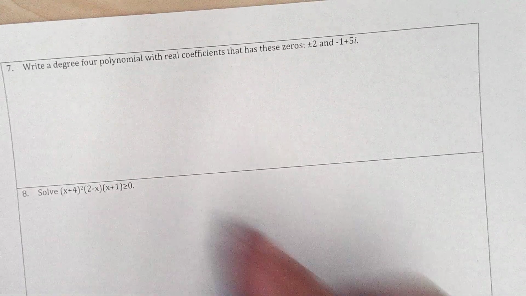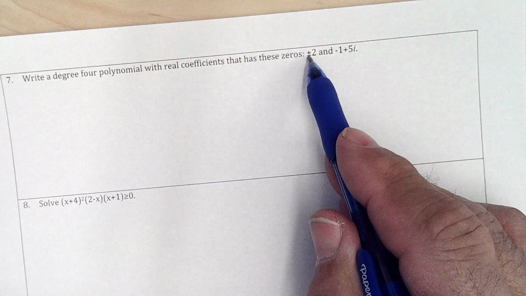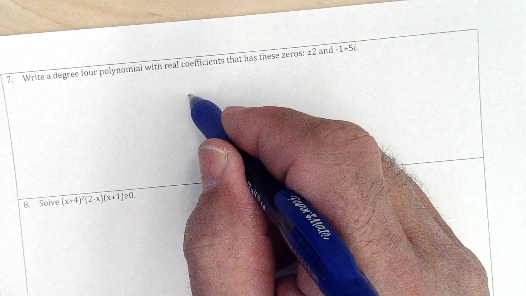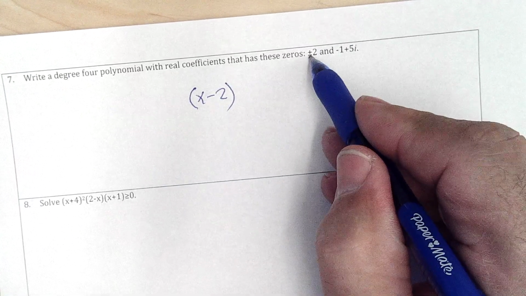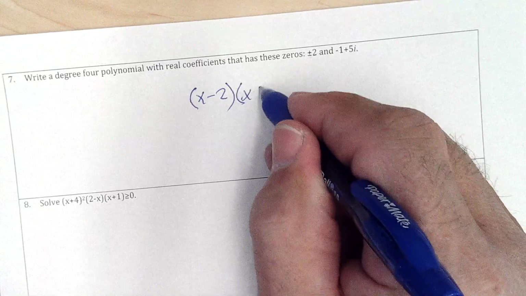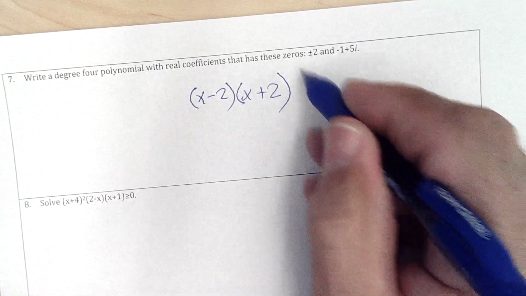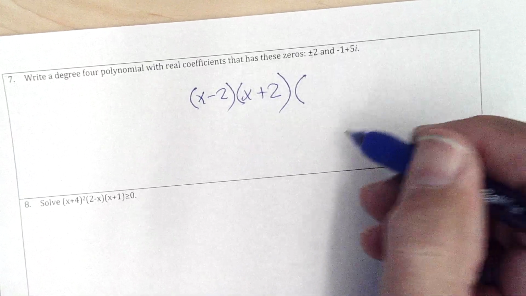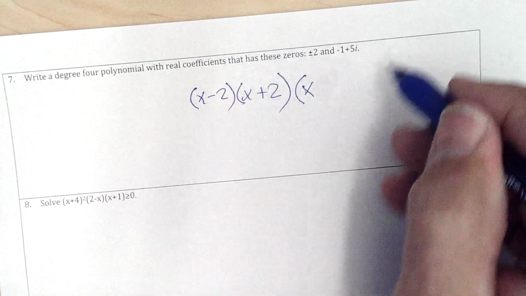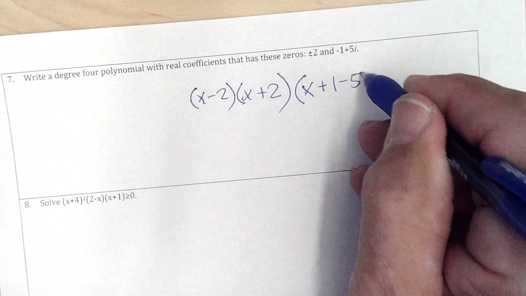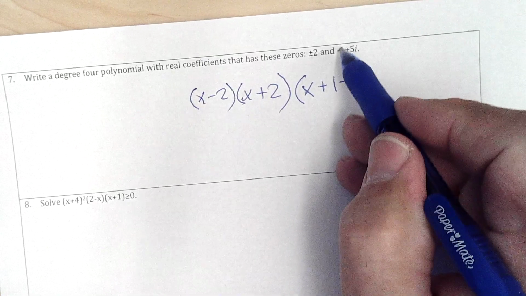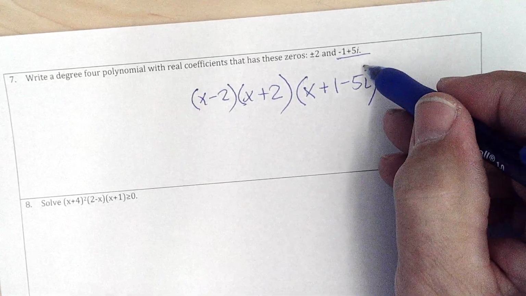Final page. Degree 4. Well, my zeros, there's 1 at 2, so it has to be x minus 2. There's 1 at -2, so it's got to be x plus 2. There's 1 at -1 plus 5i, so it's x minus that, which would be x + 1 - 5i. And complex always come with a conjugate.